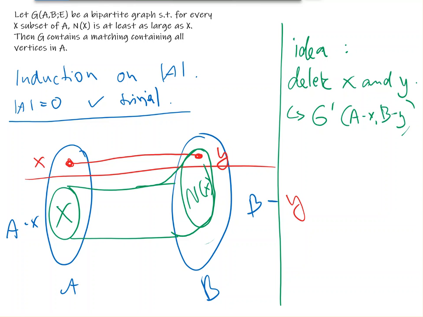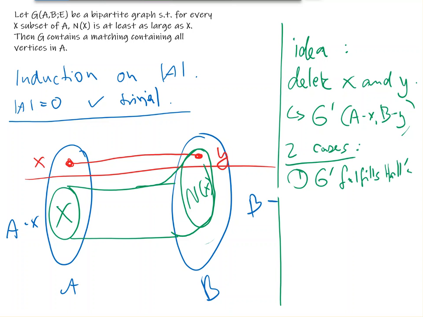On these sets, it's of course still a bipartite graph, and we have two cases. First, G prime fulfills Hall's condition.